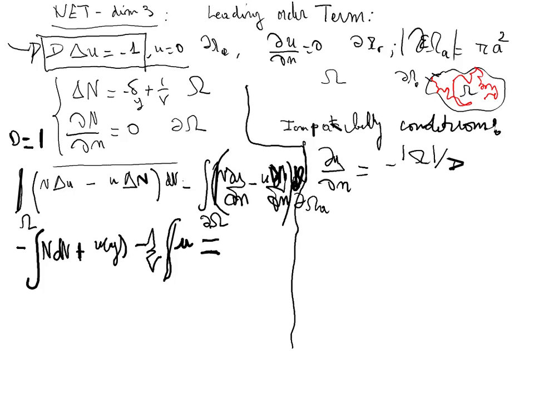The boundary term is n du dn, and we have to integrate here only over the absorbing part of the domain, which is d omega a.